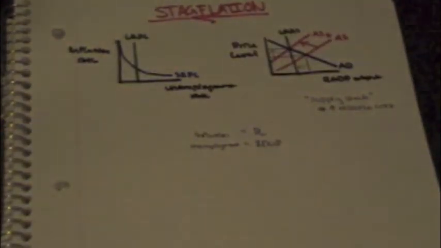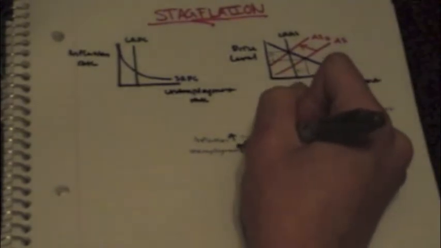Now, when price levels increase, that means that the inflation rate would increase, and when RGDP decreases, because our GDP and unemployment rate are inversely related, the unemployment rate would increase.